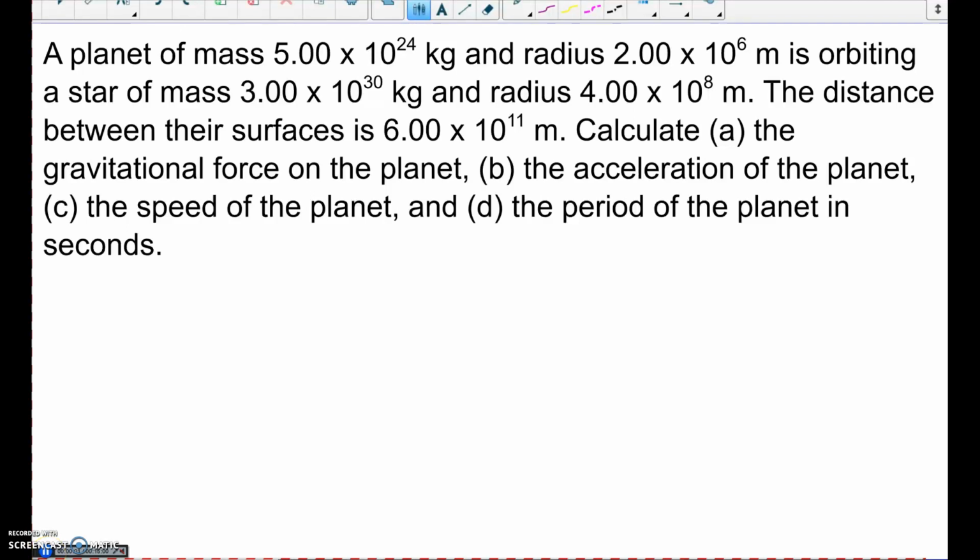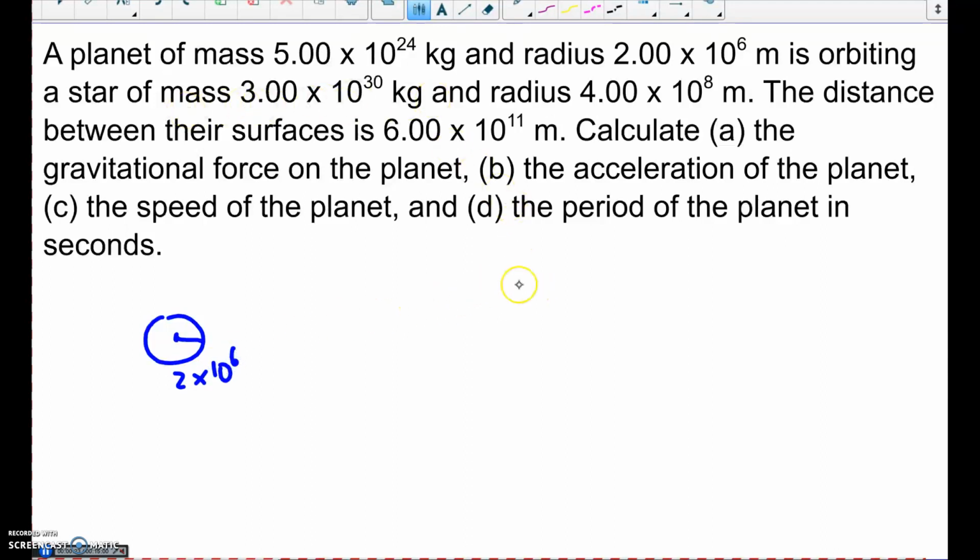Okay, we're going to recap a type of problem that we saw in our homework, but we're going to break this up a little bit more so that we're not doing many steps all at once. In this problem, we are given a few different radii. So you got the planet, here's the mass, there's its radius. Let's draw that. The planet and its radius is 2 times 10 to the 6.